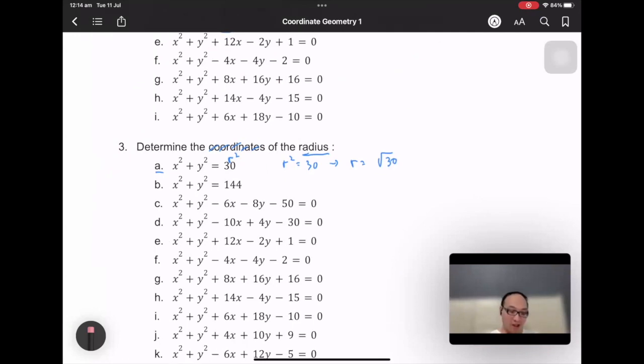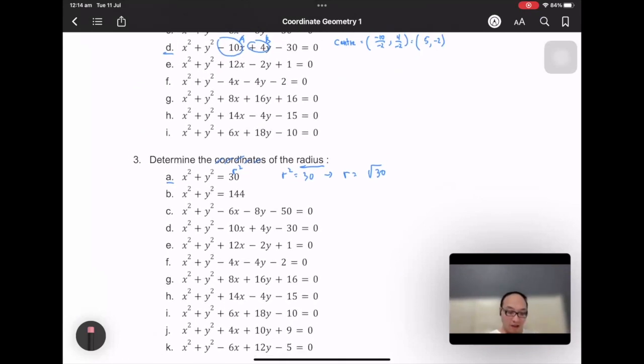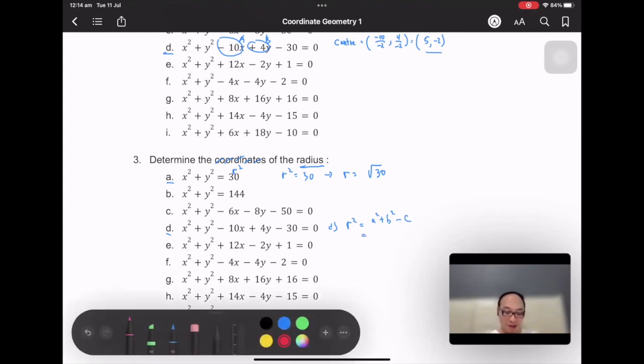And then D, we know that the center is 5, -2. So how do we find the radius? The formula is radius square equals A square plus B square minus C. So A and B in here is the center.